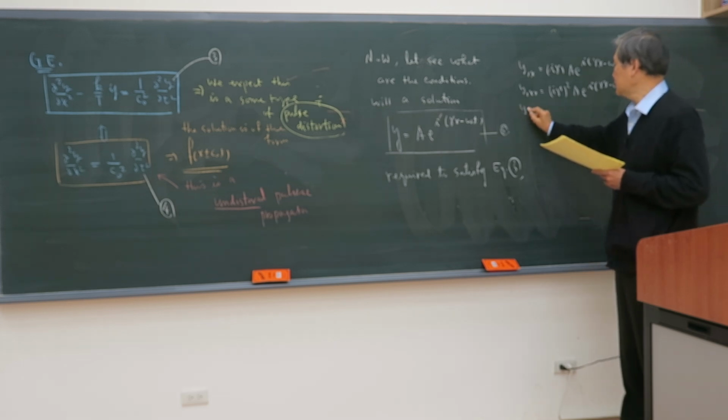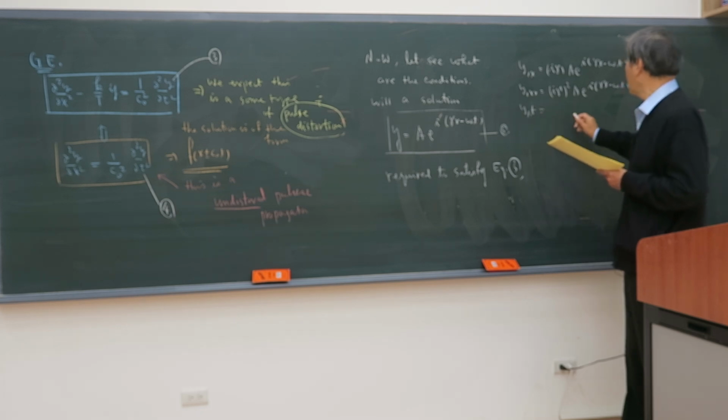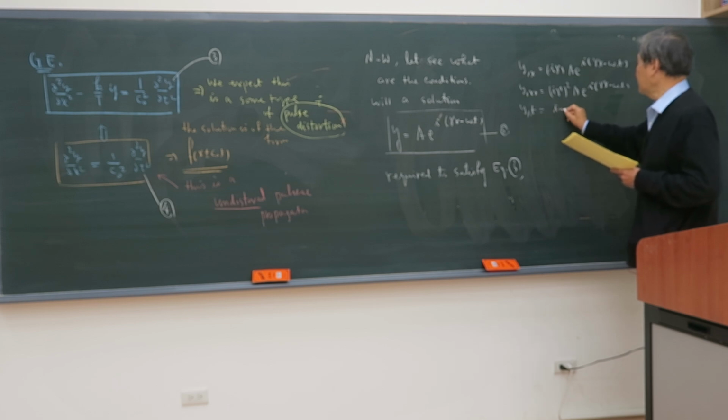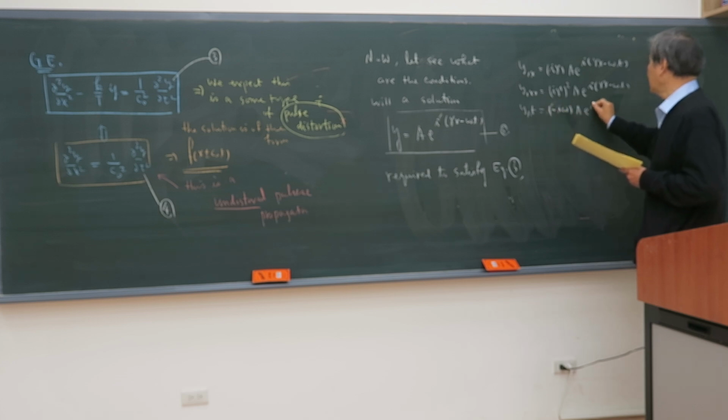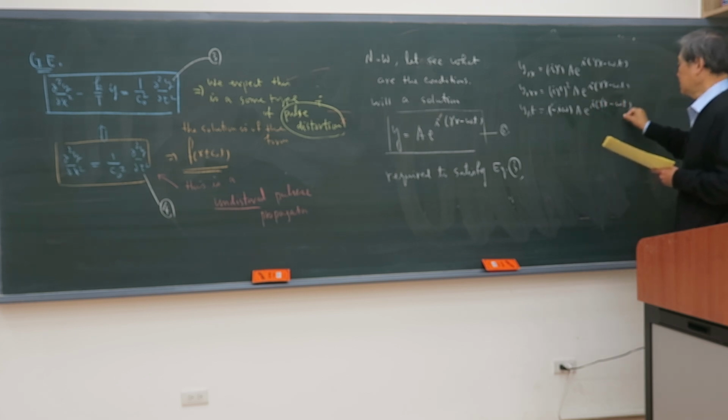And y t will be minus i omega A e to the i gamma x minus omega t.